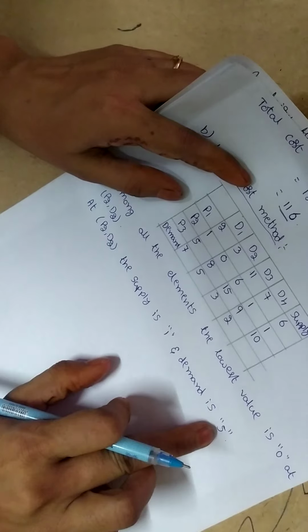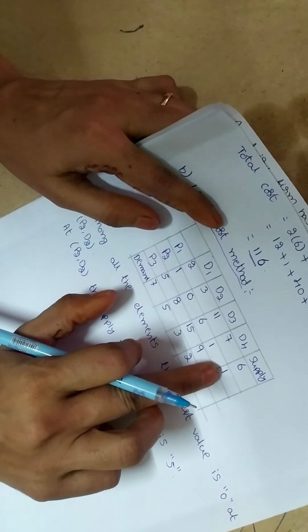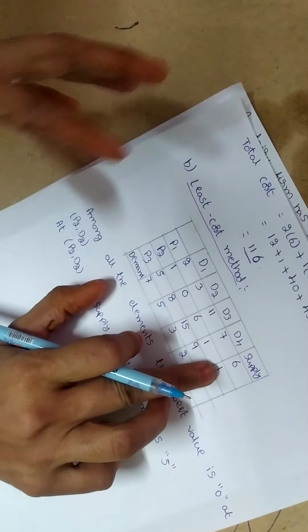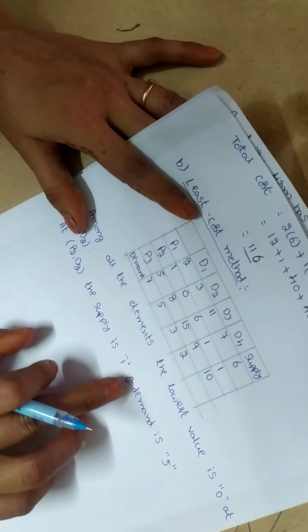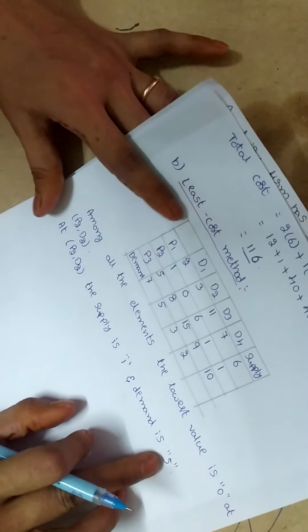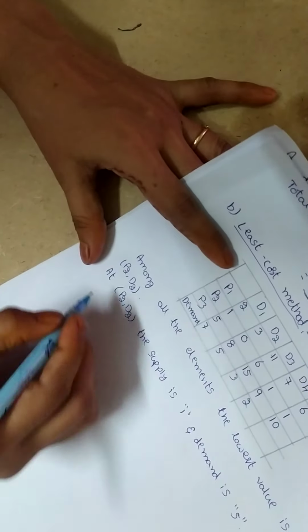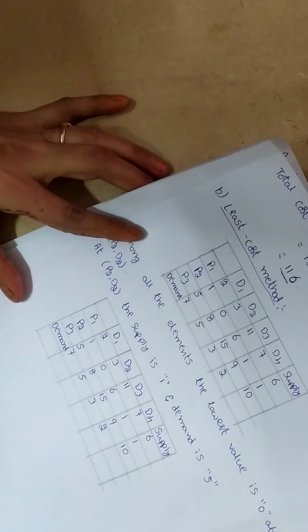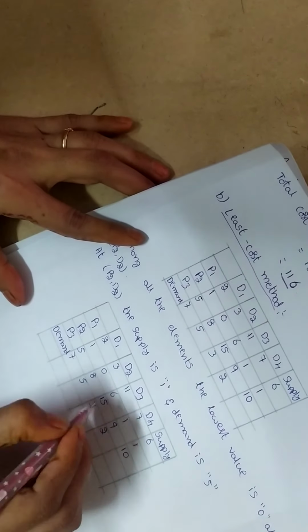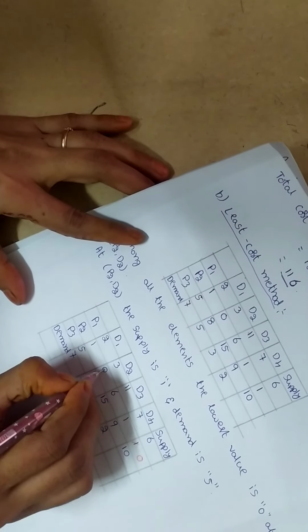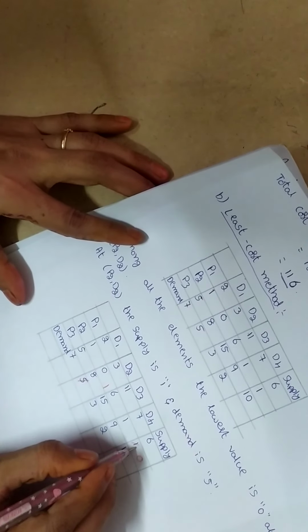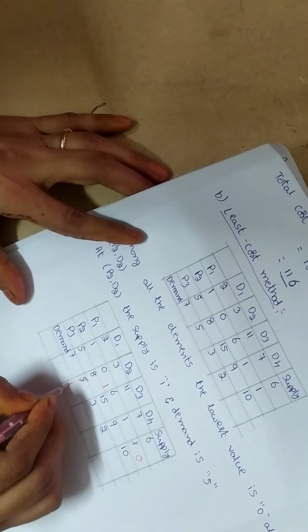If I allocate 5, is it possible to allocate 5 from 1? Impossible, because only 1 is available. So we will allocate 1 and subtract the 1 from 5. This is the given matrix. In this, let us allocate 1 here, and from this 5 we will deduct this 1 and it will become 4 now.